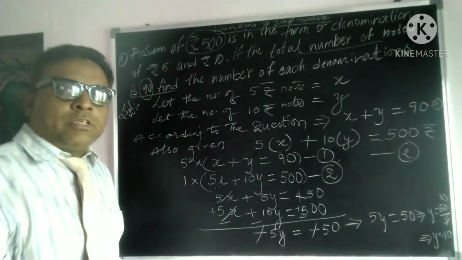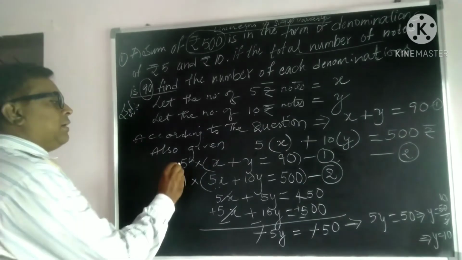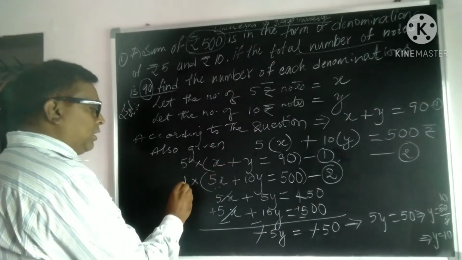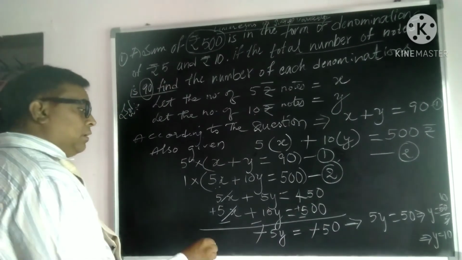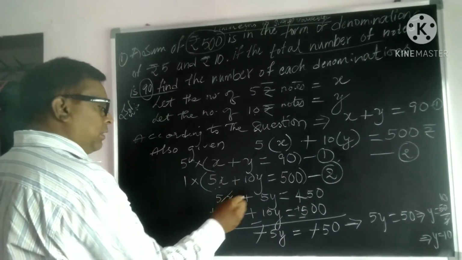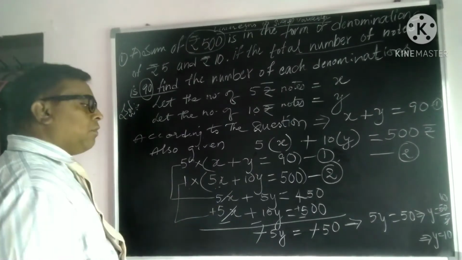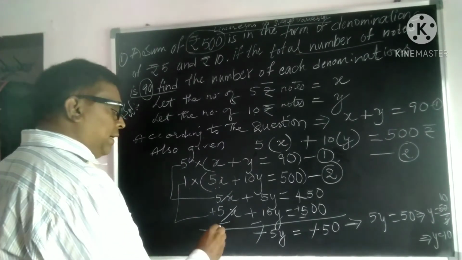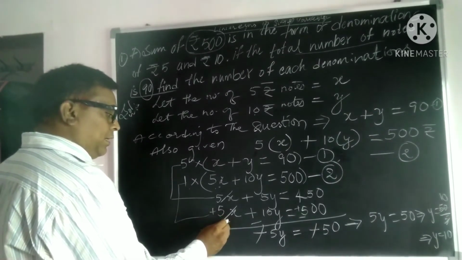Once again I am explaining how we got the y value as 10. We multiplied the first equation with 5 and the second equation with 1 so that the x coefficients become equal. Then we wrote the two equations and solved by changing the signs of the second equation.